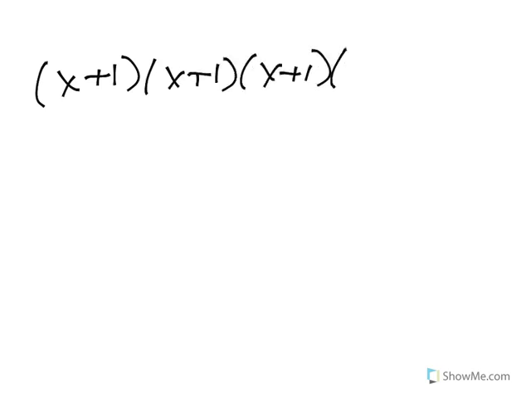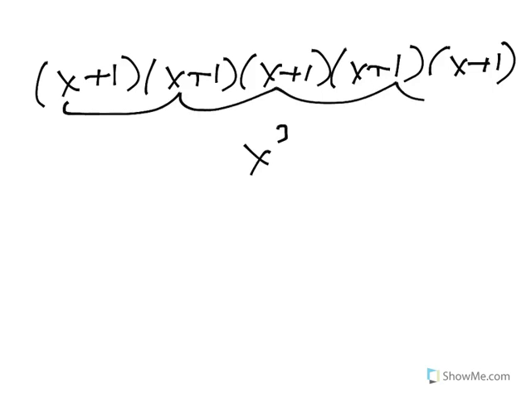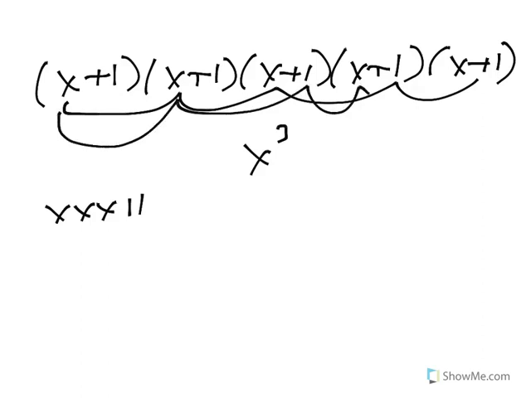Now sometimes it's just x plus 1, x plus 1, x plus 1, x plus 1. I have 4 of these. Just throw in a 5th one. So now if I want to know the x cubed term of this one, I could do x, x, x, 1, 1. Or I could do x, x, 1, x, 1. I could do x, 1, x, x, 1.